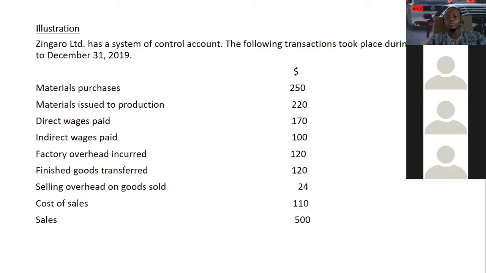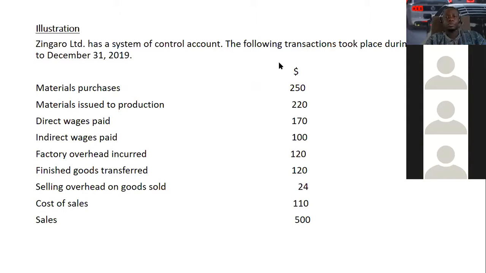Then the next person on my register, sir, is Shina. So Shina, the next transaction, direct wages paid. What will be the appropriate entry? This is a cost journal.